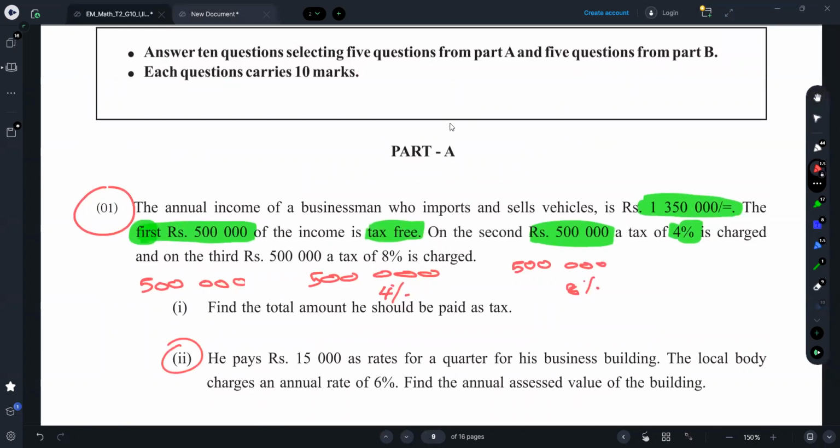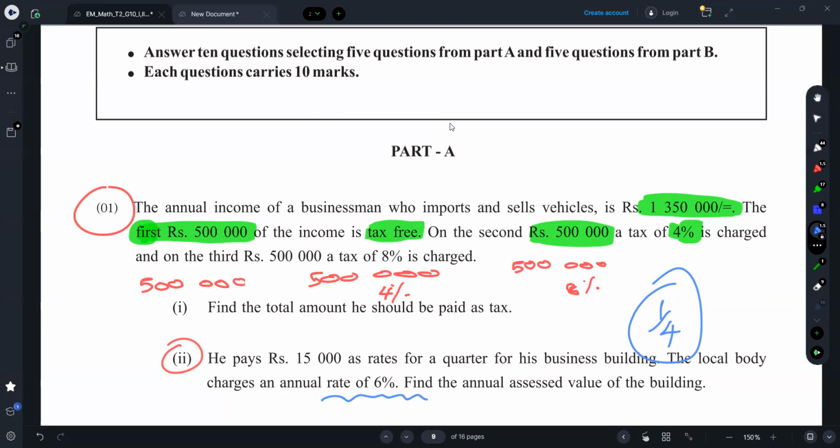He pays 15,000 as rates for a quarter. Quarter means the year is divided into 4 parts. 1/4. This much is called a quarter. Now for this amount, he pays 15,000. The local body charges 6% as rates.